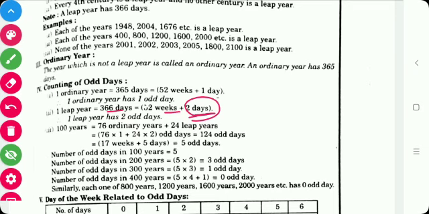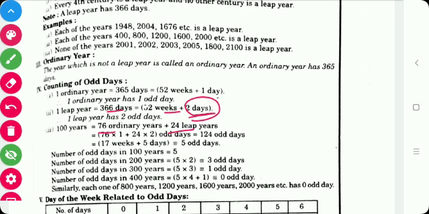Then 100 years. 100 years consist of 76 ordinary years and 24 leap years. We divide this 100 by 4, so it consists of 76 ordinary years and 24 leap years.